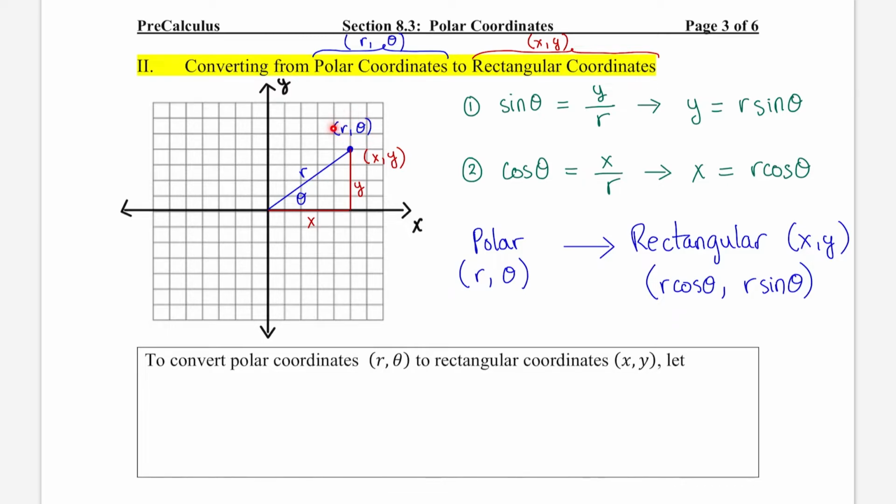So if I'm given r, theta, and I want to convert that into rectangular, to find x, I use r times cosine theta. To find y, I use r times sine theta. And let's rewrite it down here.